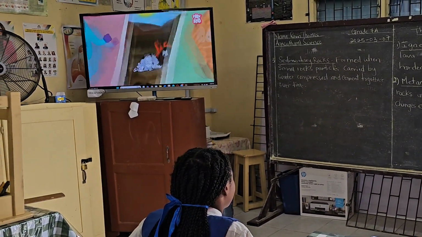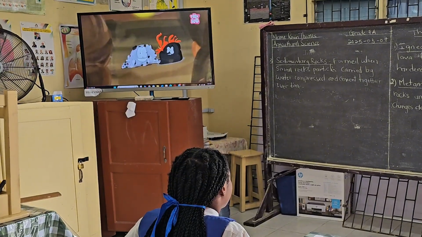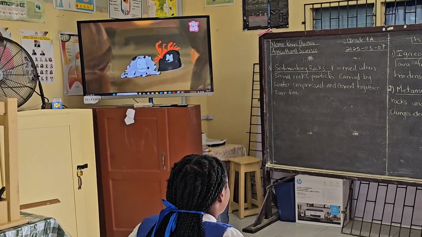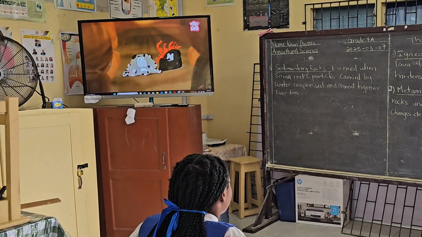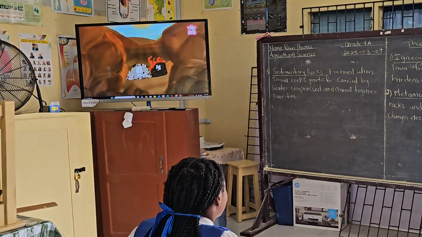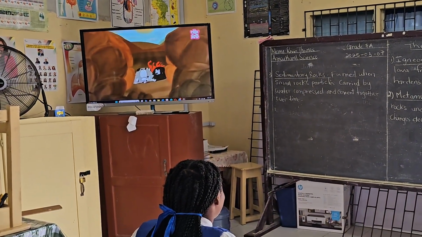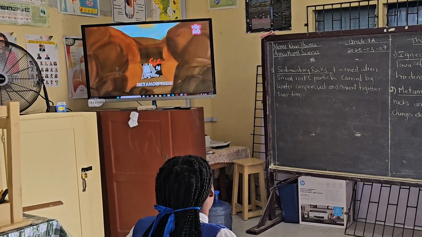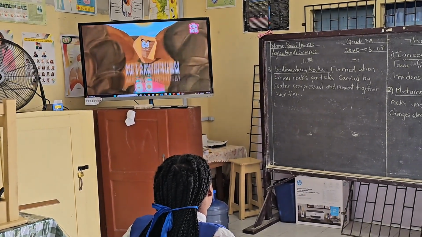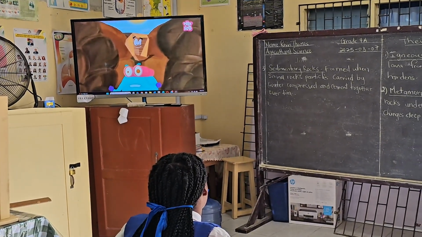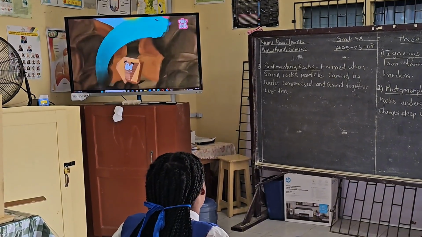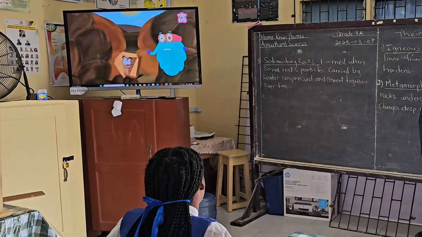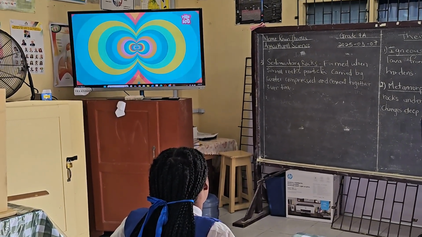Metamorphic rocks. When the igneous and sedimentary rocks are exposed to high temperatures and pressures, they undergo change. And this process of changing from one form of rock to another is called metamorphism. But hey, that takes a really long time, maybe thousands of years.